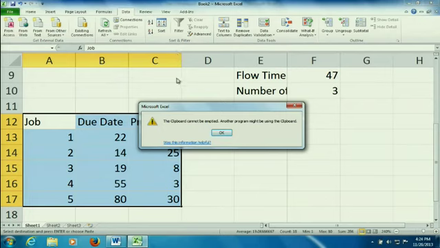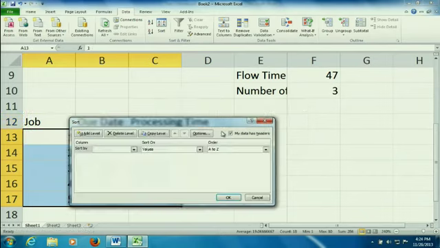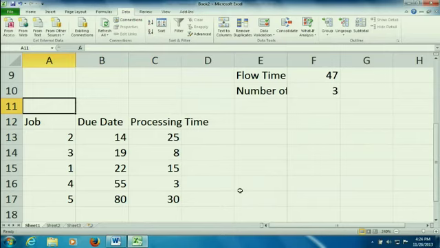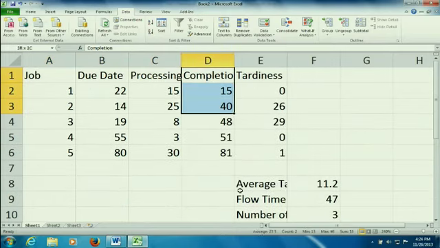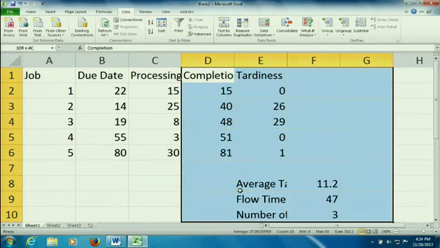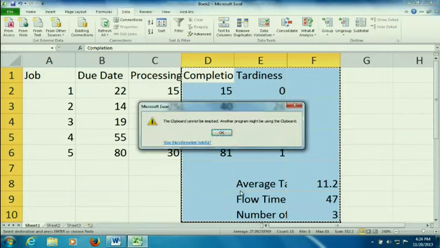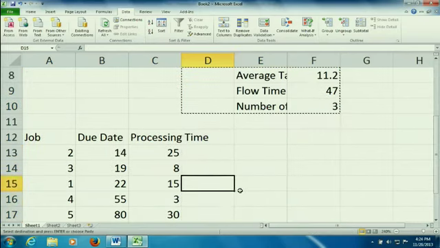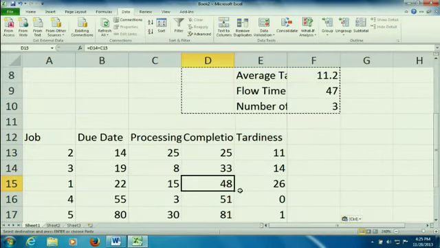Oh, come on. Okay, now I have my new schedule. I can compute the completion times, the tardiness, the average flow time, and the number of late jobs just by pasting.